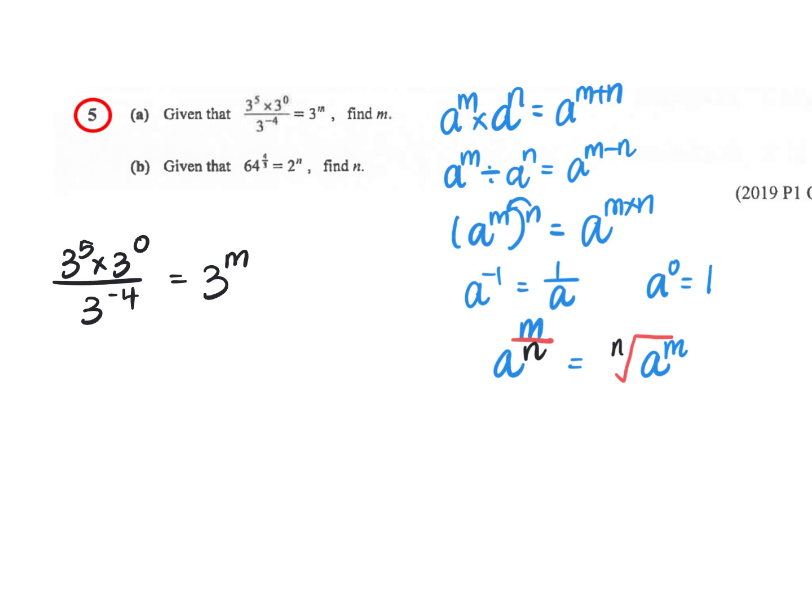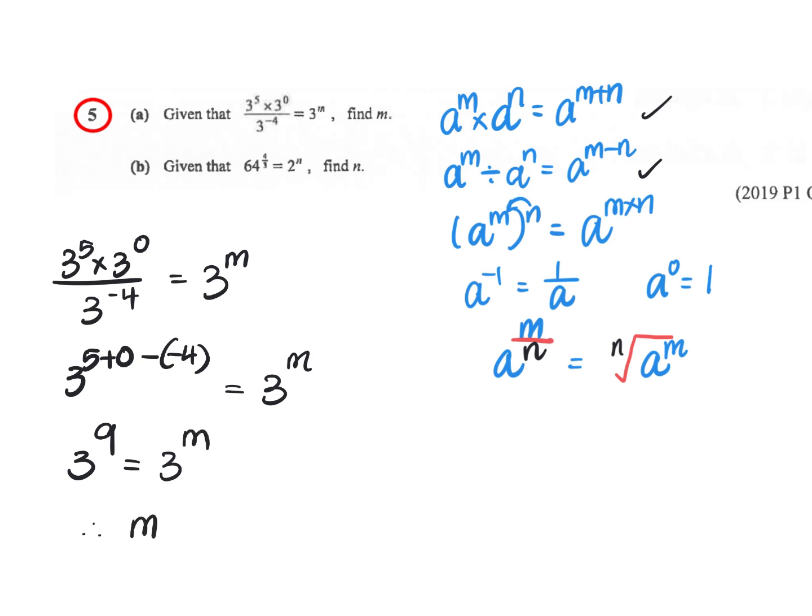I'm going to change this to 3 to the power 5 plus 0. Multiplication means addition. Then division is minus, so be careful, this is subtract -4. So that I have everything to the power of 1 base, 3 to the power of 5 minus -4, that gives me 9. And therefore, m will be equal to 9.